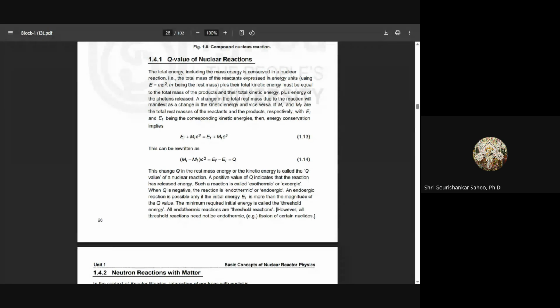A positive value of Q indicates that the reaction has released energy, and a negative value indicates absorbed energy. So if Q is positive, it is an exothermic or exoergic reaction. If Q is negative, then it is an endothermic or endoergic reaction.